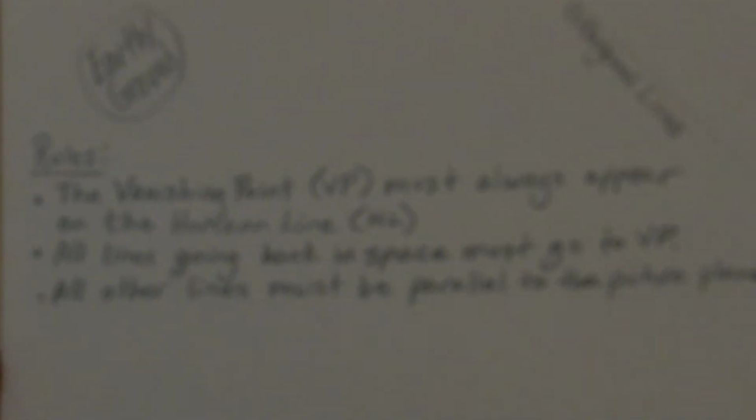Again, parallel to the picture plane. I realize that's probably off the screen, but I will give you a copy of these in our notes. Again, I apologize. I know it's blurry.